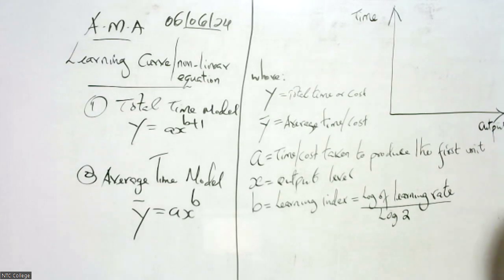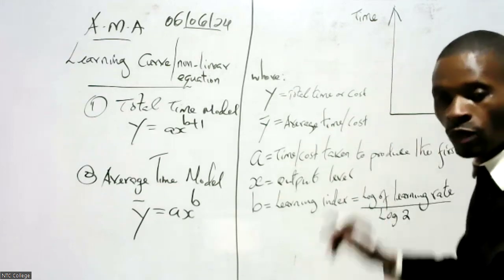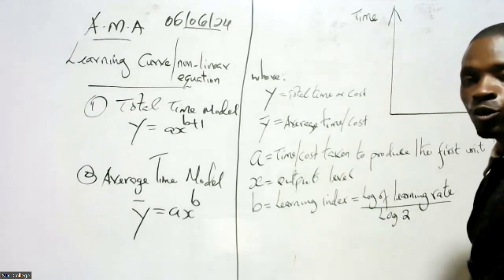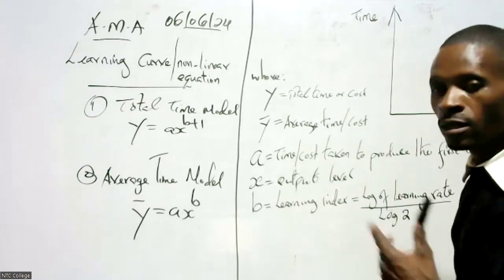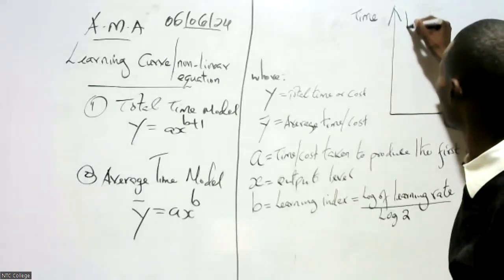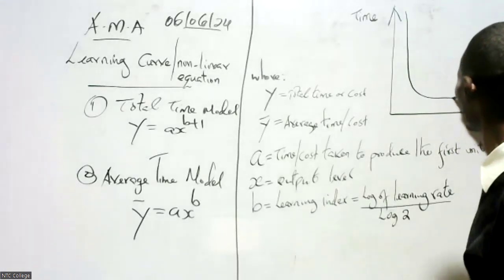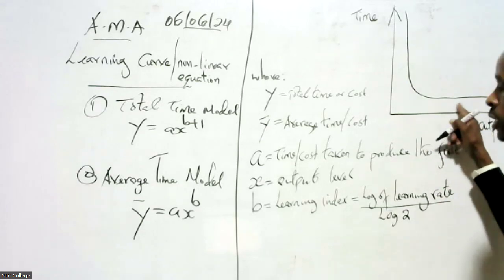As we said, you do that particular job more frequently, you gain experience, and therefore the time will be reducing as more units are produced. So the curve will be like that, until it reaches a point where it is parallel to the x-axis.